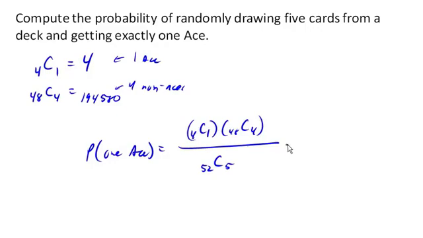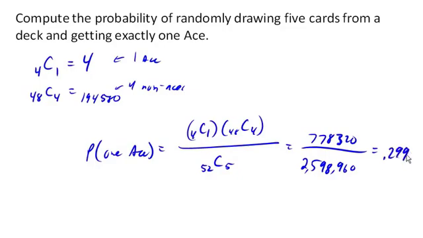Altogether, that comes out to be about 778,320 out of all 2.5 million hands, and it turns out to be about 0.299, or in other words, there's about a 30% chance that out of 5 cards, exactly one of them will be an ace.